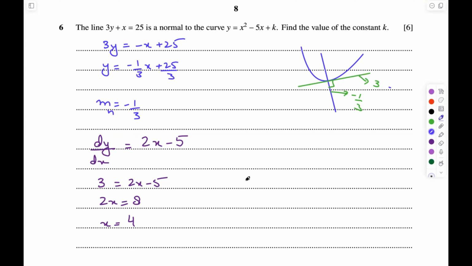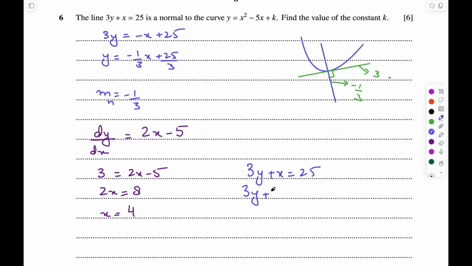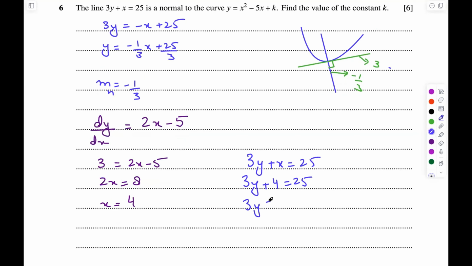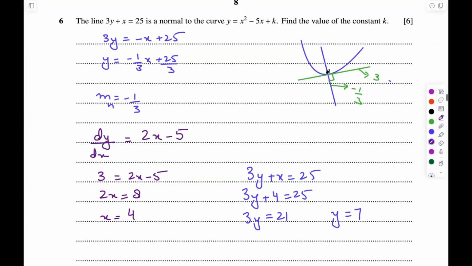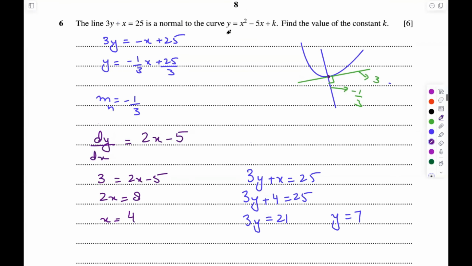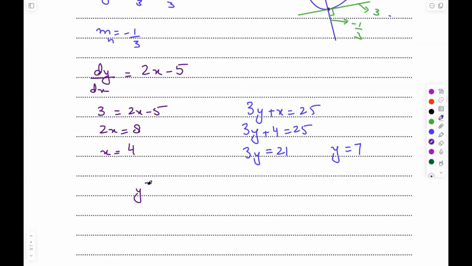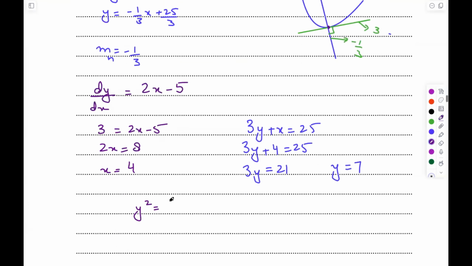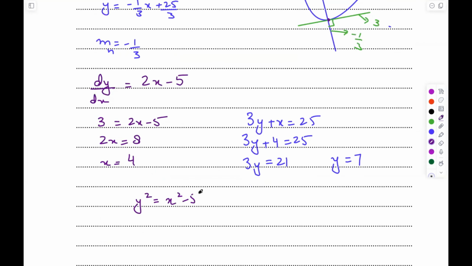So the equation of the line is 3y plus x is equal to 25. So x is 4, so this will become 3y plus 4 is equal to 25. So 3y will be equal to 21 and y will be equal to positive 7. Now once we have the value of y and x, this is the point where the curve and the normal are intersecting, which is (4, 7). So we can substitute this in the equation of the curve, which is y squared is equal to x squared minus 5x plus k.